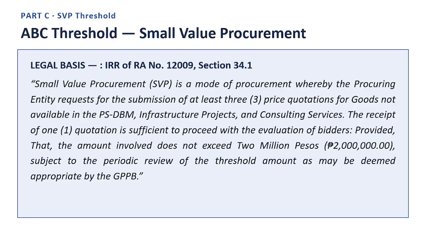The receipt of one quotation is sufficient to proceed with the evaluation of bidders, provided that the amount involved does not exceed 2 million pesos, Philippine pesos 2 million.00. Subject to the periodic review of the threshold amount as may be deemed appropriate by the GPPB. End quote. Remember this number, 2 million pesos, as the general national ceiling, but pay close attention to the very next slide, because local government units actually use a lower, graduated set of thresholds depending on their classification.